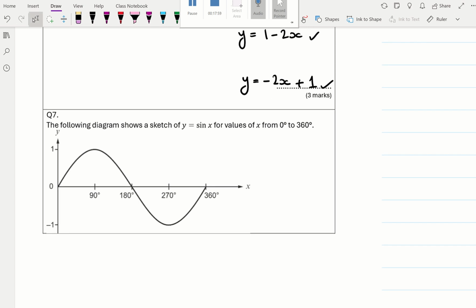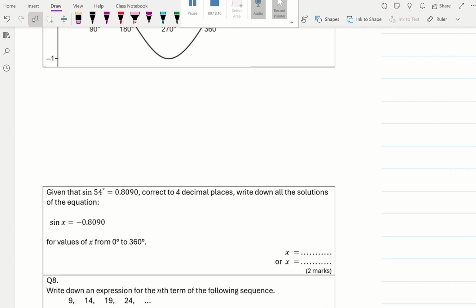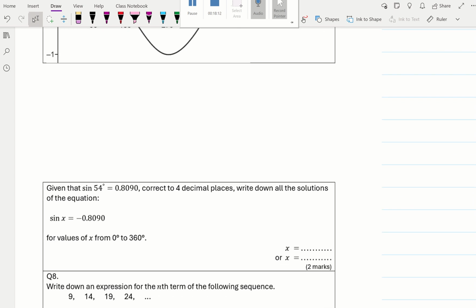Okay, so the next question says, the following diagram shows a sketch of y equals sine x for the values of x from 0 to 360. Given that sine 54 is 0.8090, correct to 4 decimal places, write down all the solutions of the equation sine x is -0.8090.